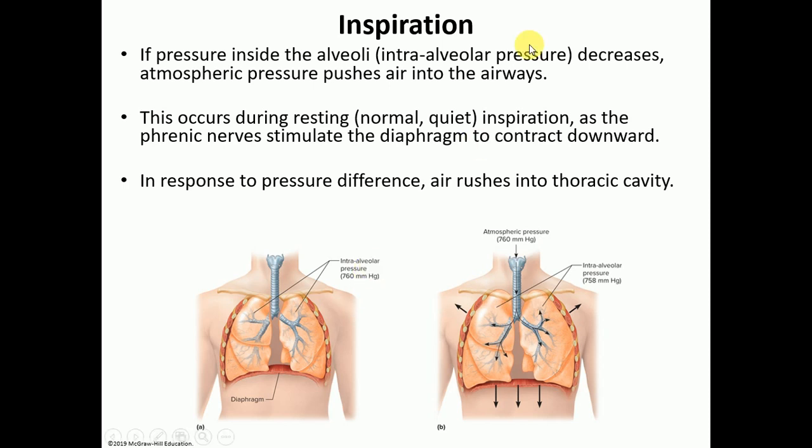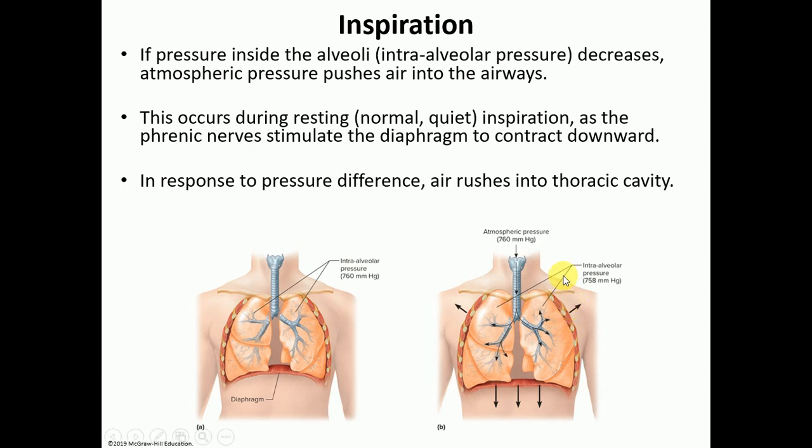So in inhalation, you have to decrease the intra-alveolar pressure, and that happens by the contraction of the diaphragm. You see here the diaphragm is dome shaped, and when it contracts, it becomes flattened down. You can see here that the lung volume has increased, and that decreases the pressure inside the alveoli.